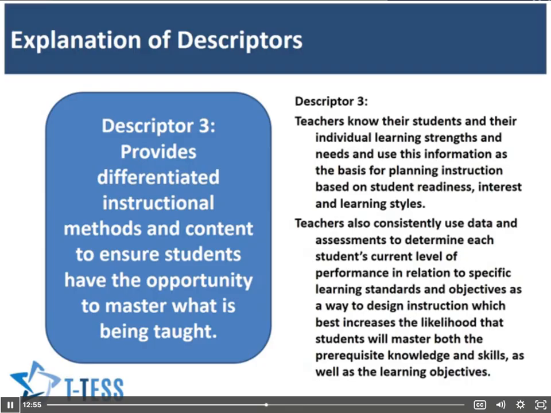Teachers also consistently use data and assessments to determine each student's current level of performance in relation to specific learning standards and objectives as a way to design instruction which best increases the likelihood that students will master both the prerequisite knowledge and skills as well as the actual learning objectives.